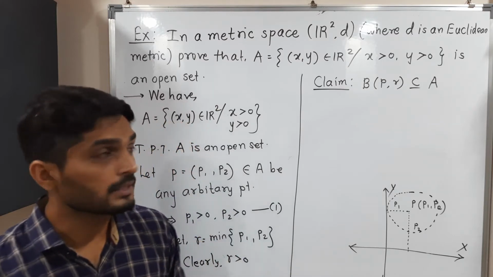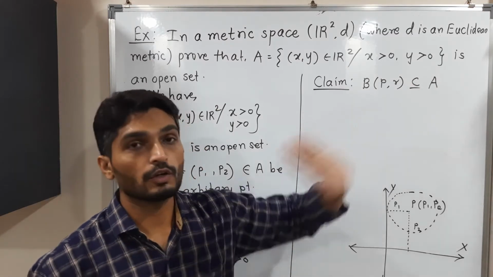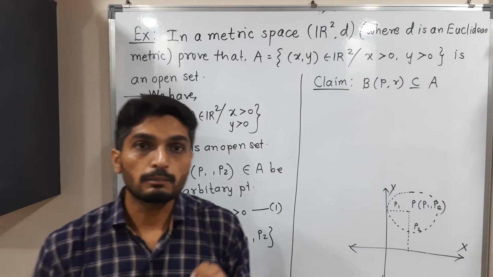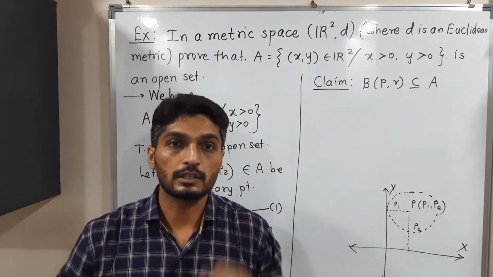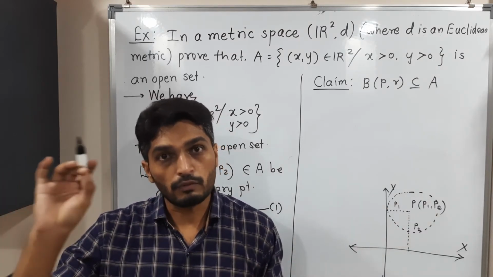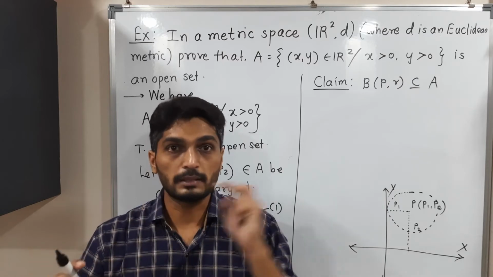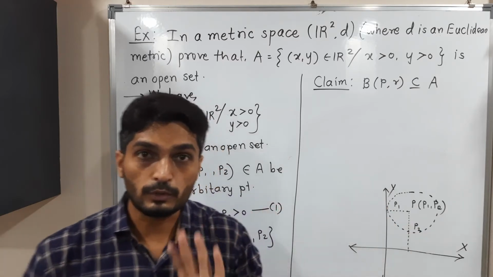So simply we have to prove that this set is a subset of that one. How to prove that one set is a subset of another? We select any arbitrary point from the first set and try to prove that the element is in the second set. Okay, so I am going to do the same.